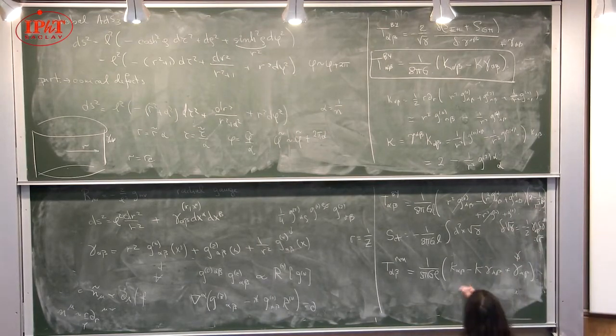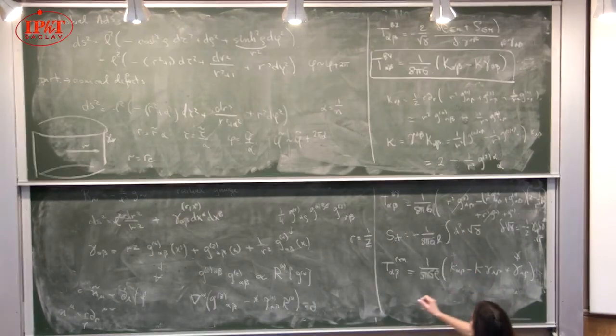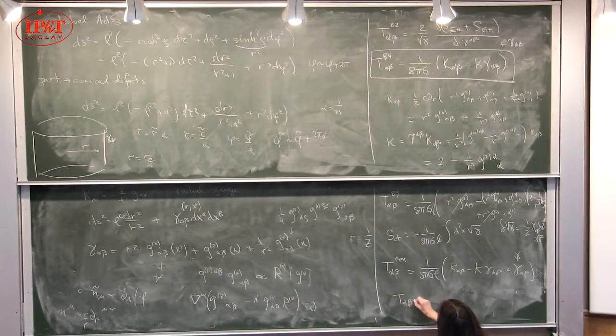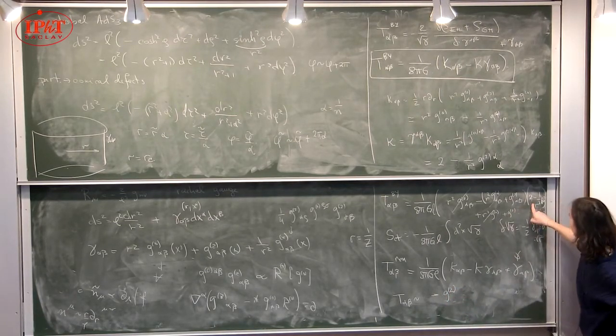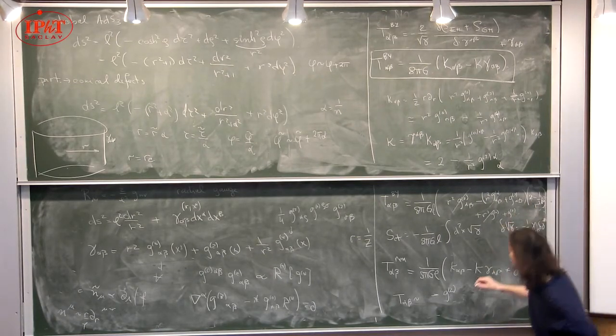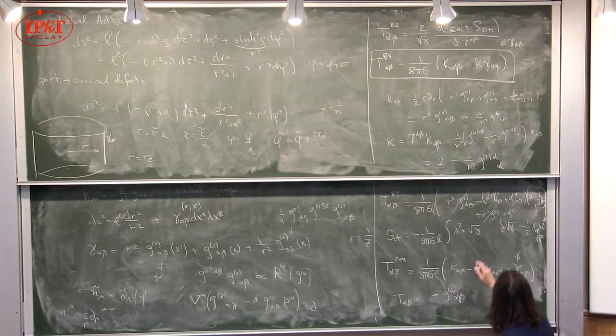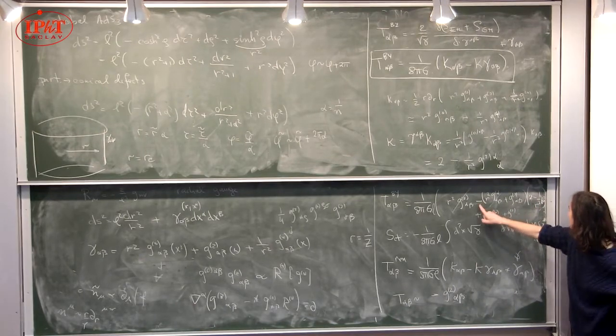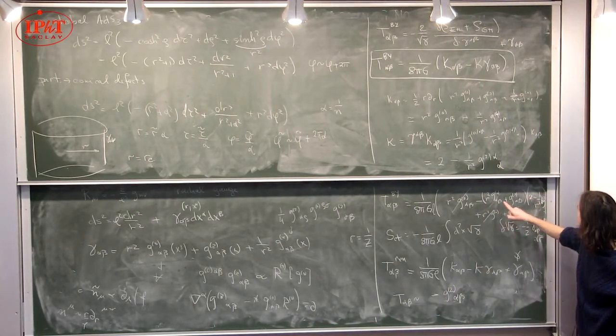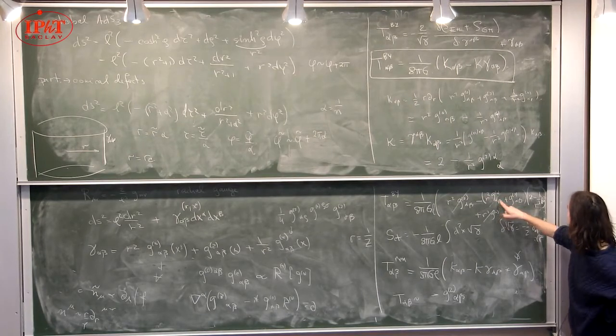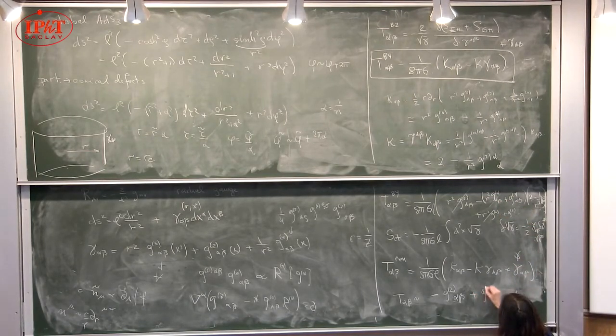Yes. I guess I had an overall minus sign over there, but T alpha beta roughly comes out proportional to minus g2. So I get a minus 2 from here and the plus 1 from here, so it's minus g2 alpha beta. And then I have a minus, with the minus is a plus, and I get a g0 alpha beta times trace of g2.